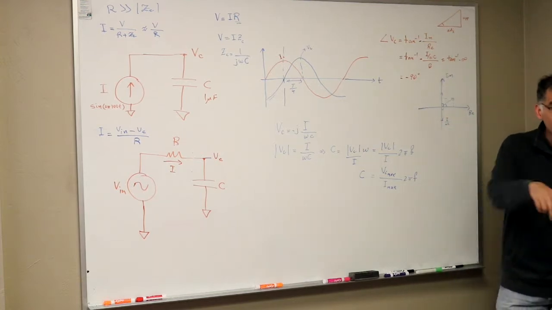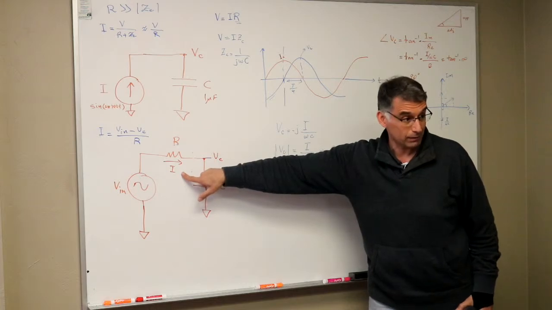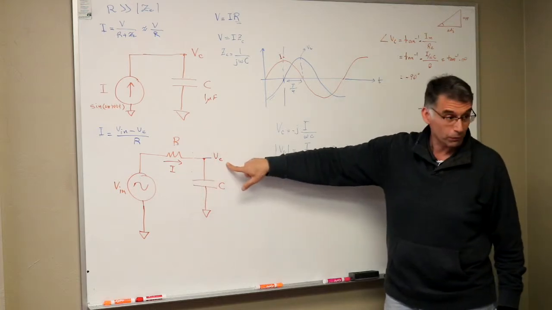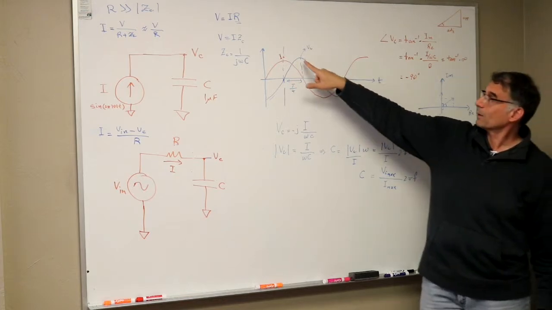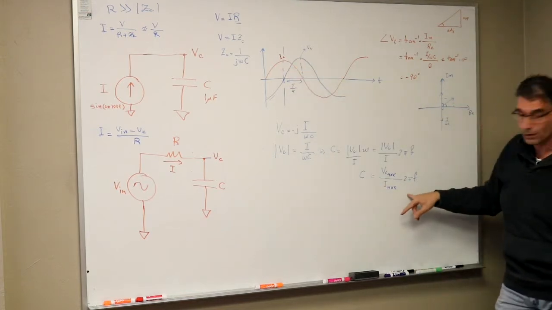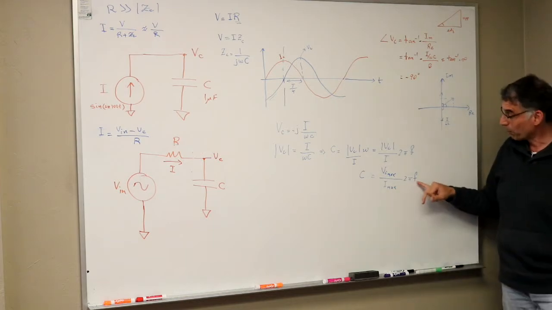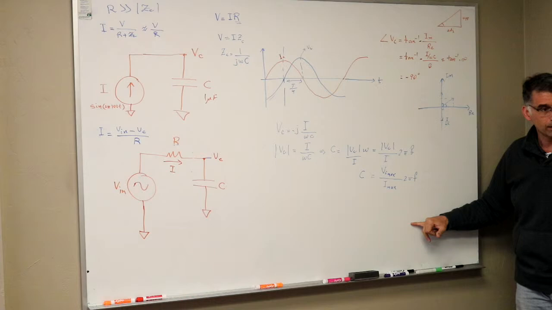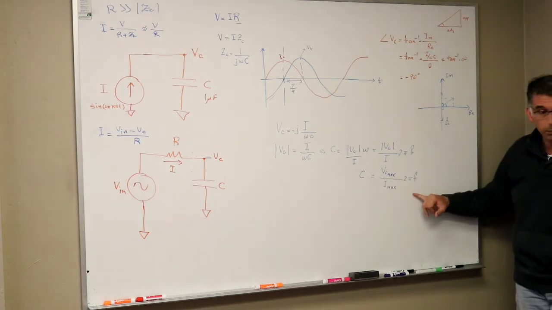In the lab that you're doing, you want to measure current and voltage, so you're going to see waveforms like this. You look at the max, plug it into this equation, and find what the capacitance is. And you're going to do that for multiple frequencies.